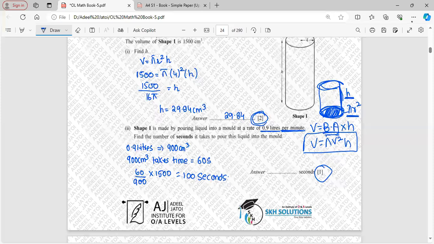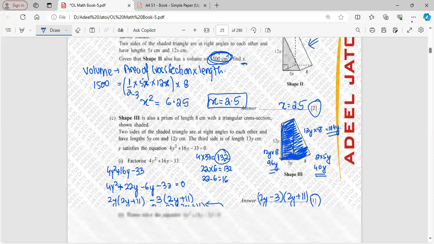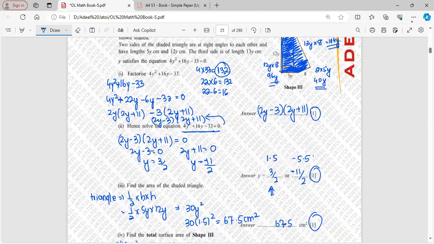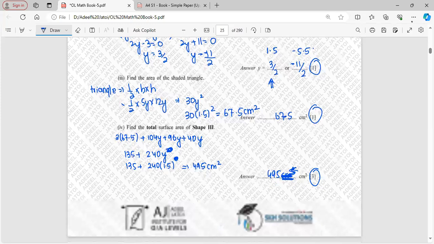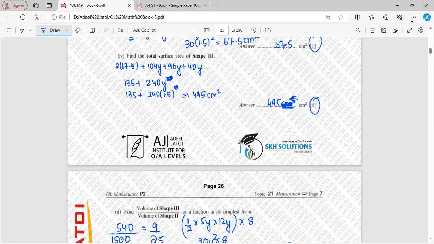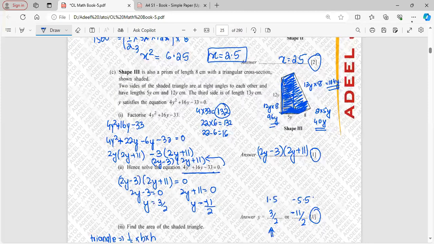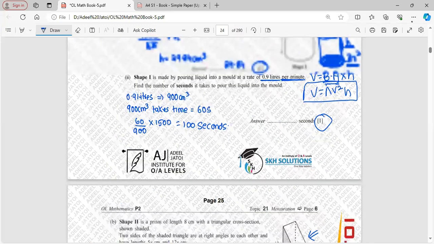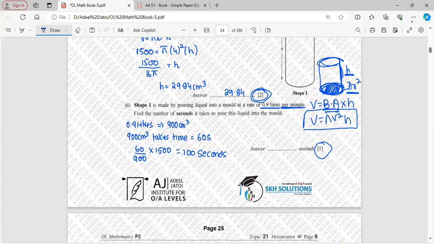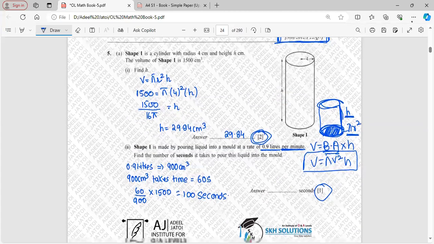But if you look at the question difficulty, I don't find this as difficult as the normal mensuration question, because it is just testing the conceptual part. If you know what you are doing, then eventually you will be able to handle it. Other than part 2, where you needed to change liters to centimeter cube, everything was clear.